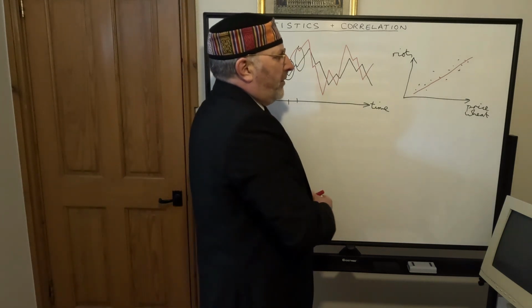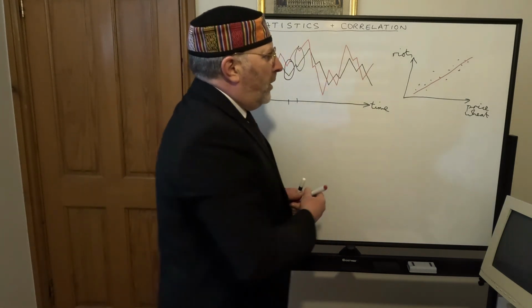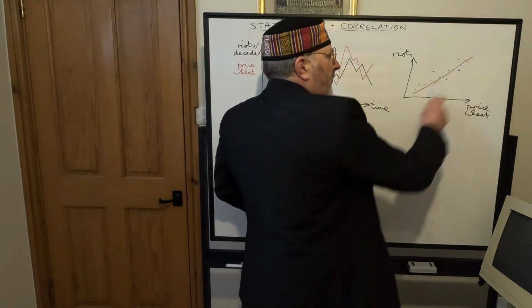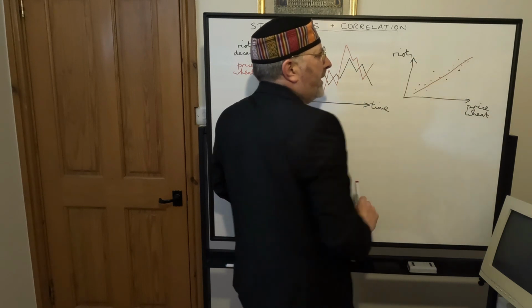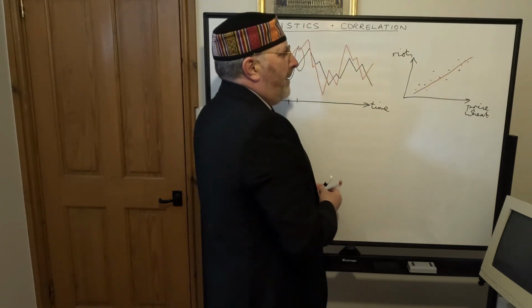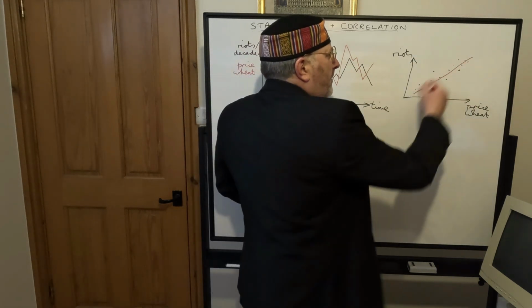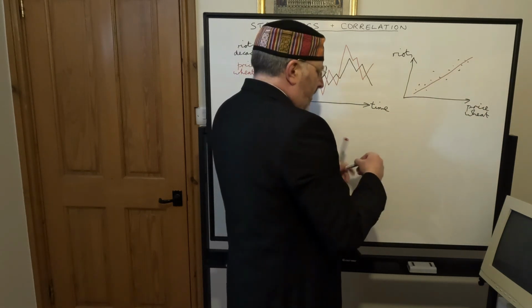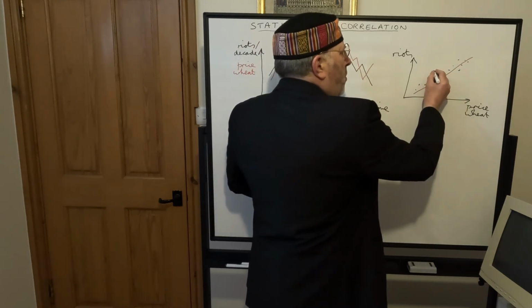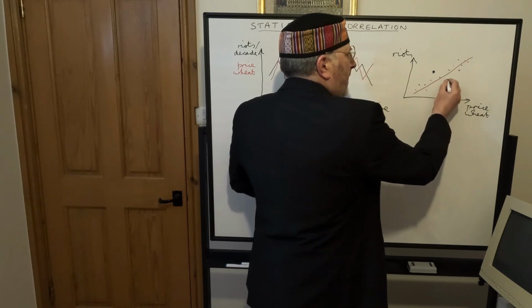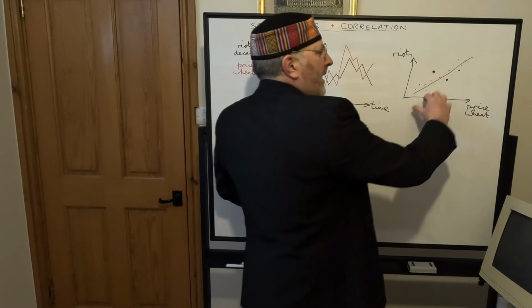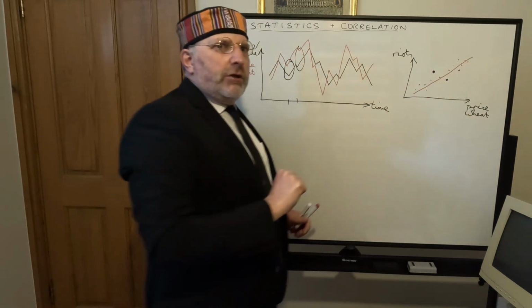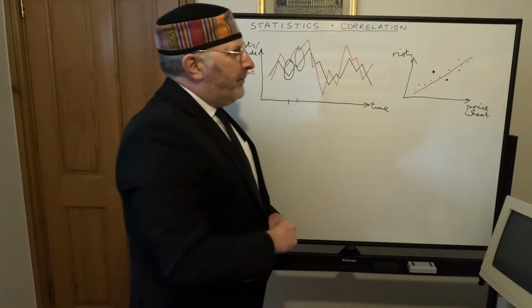And another thing we might want to do is say, insofar as there is a correlation, because it certainly looks as though as the price of wheat goes up, the amount of rioting goes up, it explains some of the variation in riots. But also we can sometimes have more riots than expected and sometimes fewer riots than expected. So the price of wheat only explains part of the variation in the amount of rioting.